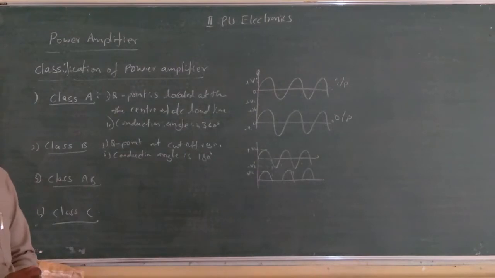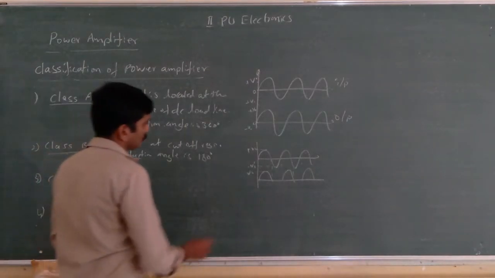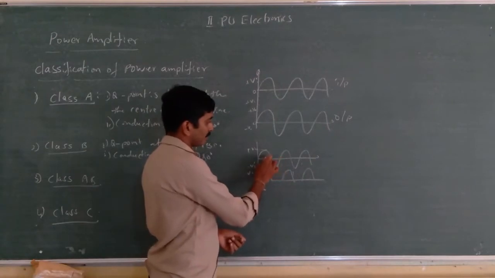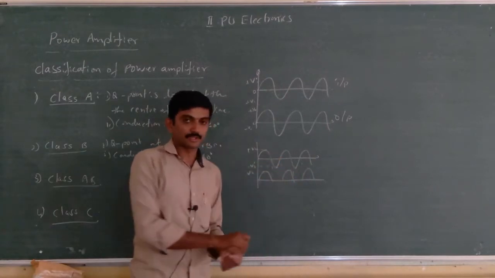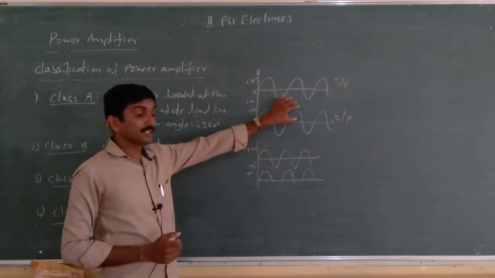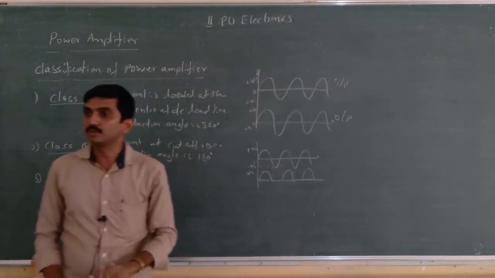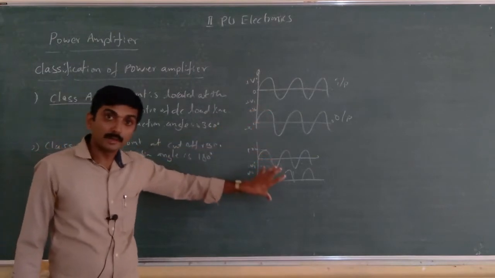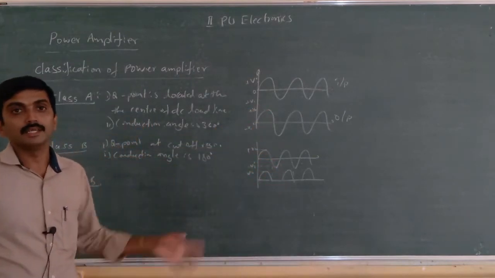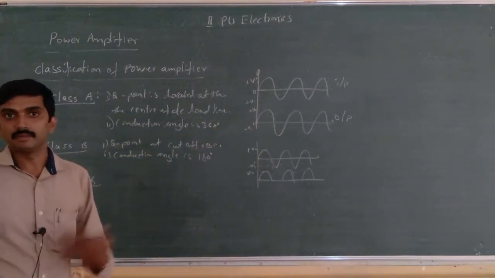So its efficiency is very high, between 70 to 80%, and there may be some distortion. There is some distortion due to the transition from positive to negative. In class A, distortion is very low and you get a clean signal, but its efficiency is poor, so you cannot use it as a power amplifier. Here distortion is more, but its power efficiency is very high.